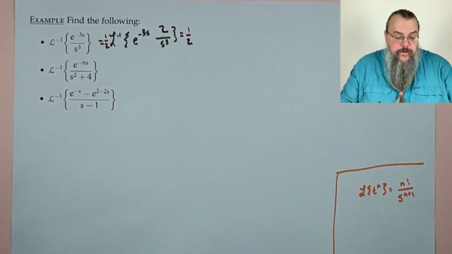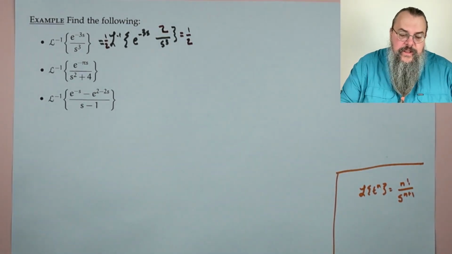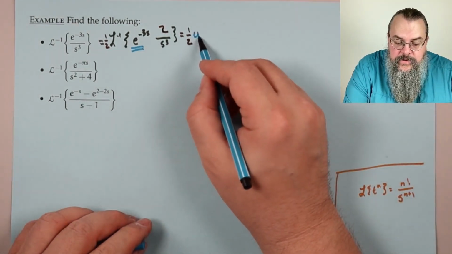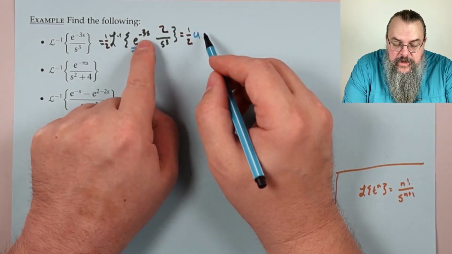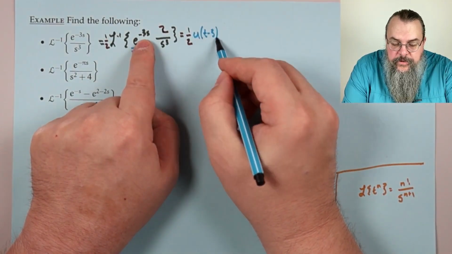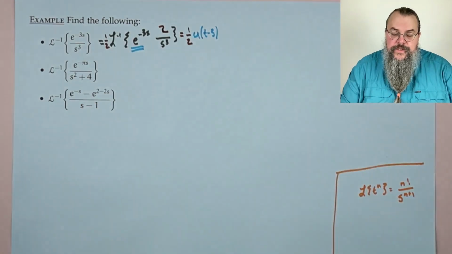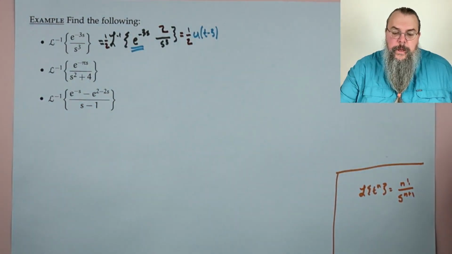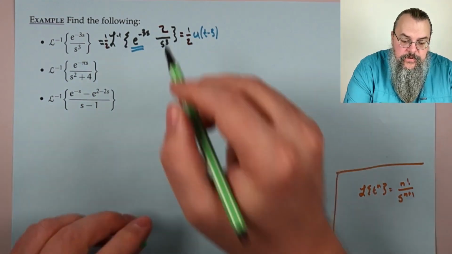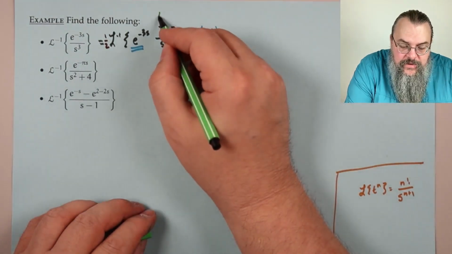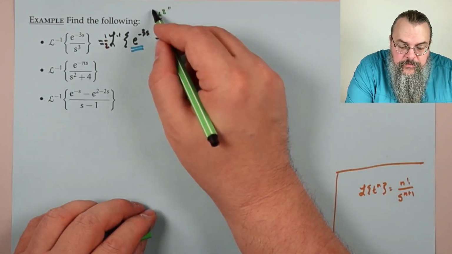All right, so now we're ready, because we can take our pieces and put it all together. So the e to the minus 3s, that tells us, hey, we've got our on-off, and we look up here at what's upstairs, and we say we're doing our on-off at 3. So u of t minus 3. Now, 2 over s cubed. By itself, we'd say, okay, according to the rule, this is t squared.